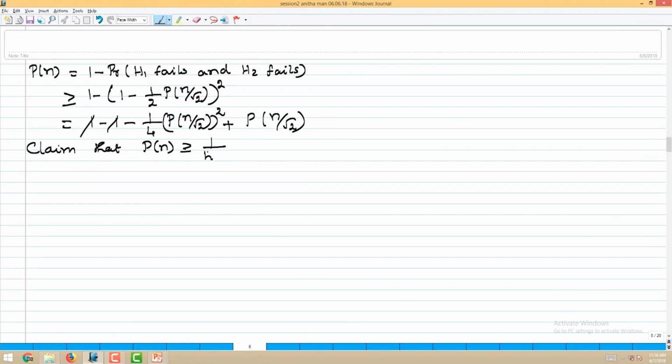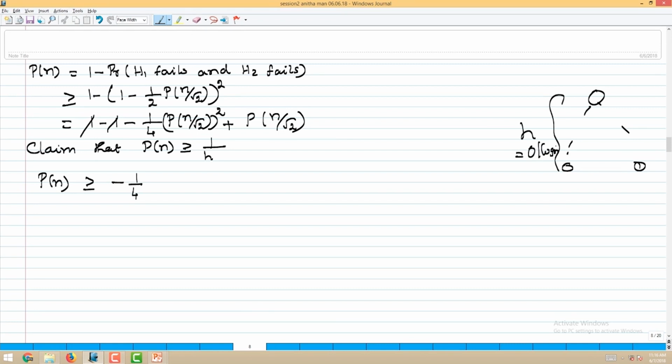So, if I substitute it here, P of n is greater than or equal to minus 1 by 4 P of n by root 2. What will be P of n by root 2 in terms of h? This is the height of the computation tree, which is order of log n.